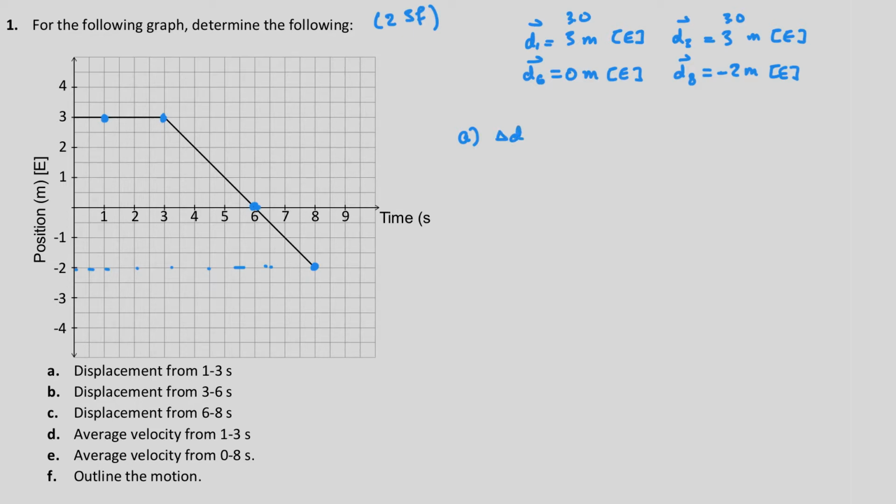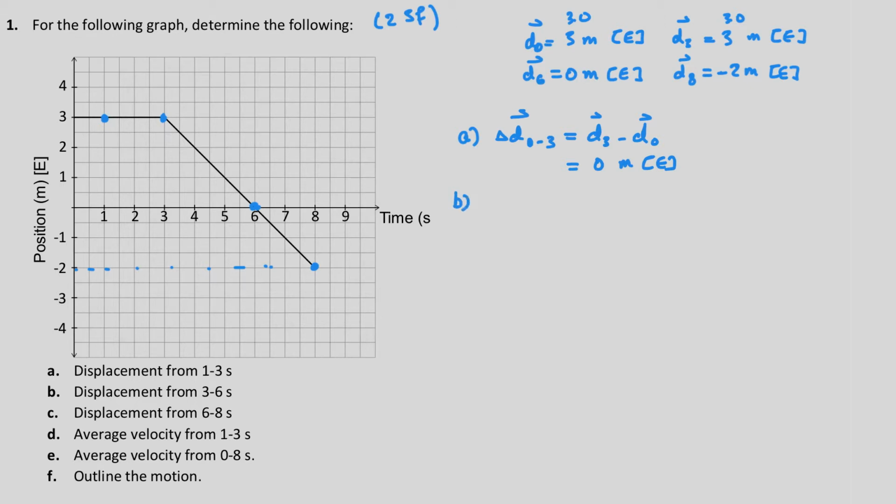So displacement from, I should say 0 because that's 0 seconds, 0 to 3 seconds is going to be d3 minus d0, and in this case when we do it, we get 0 meters in the east direction.